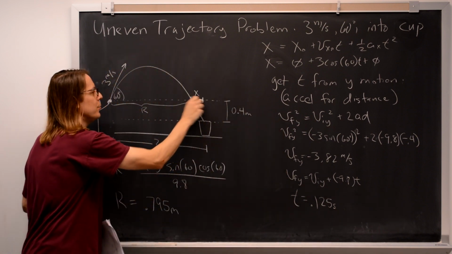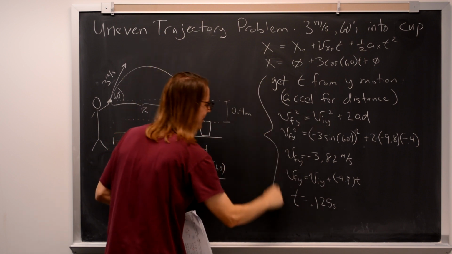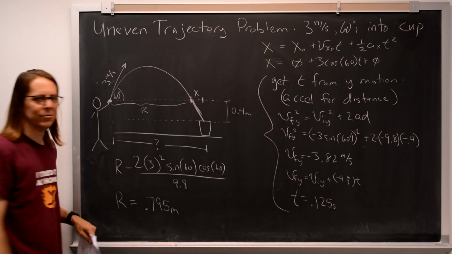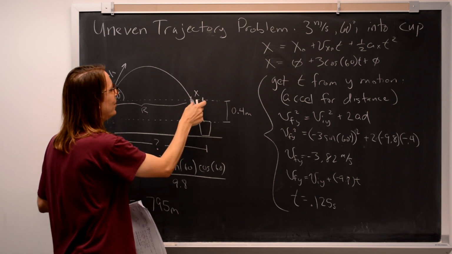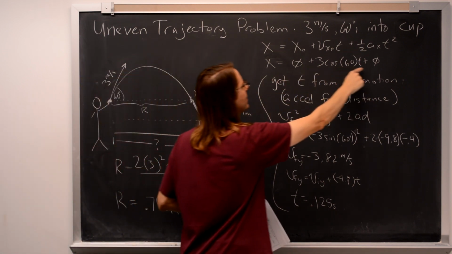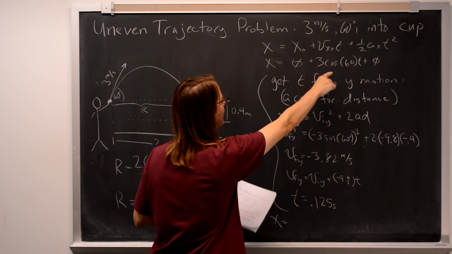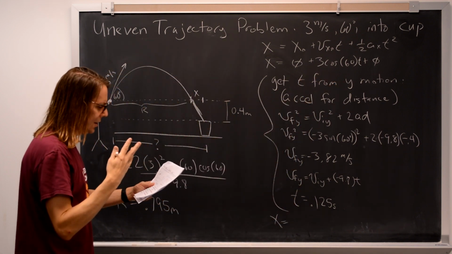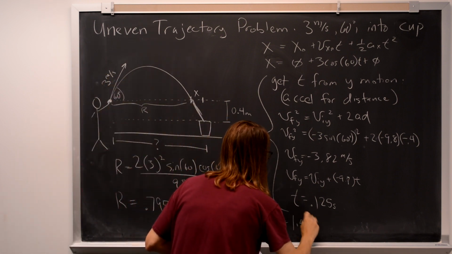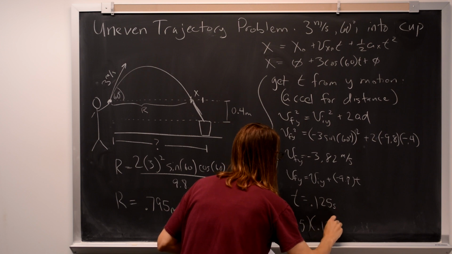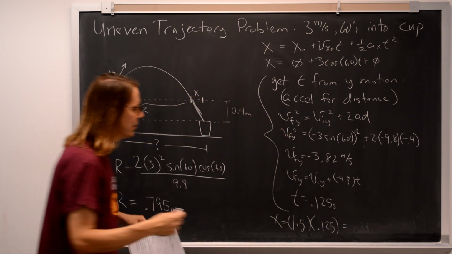Okay, so this whole thing was to figure out how long it took to drop from there to there. Because when we know how long that took, we can now multiply that by this velocity. The extra x part is 3 cosine 60 degrees, and the cosine of 60 is a half, so that's 1.5. 1.5 times 0.125, so this part of the x motion is 0.188 meters.